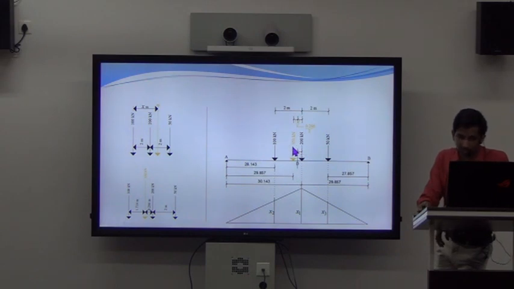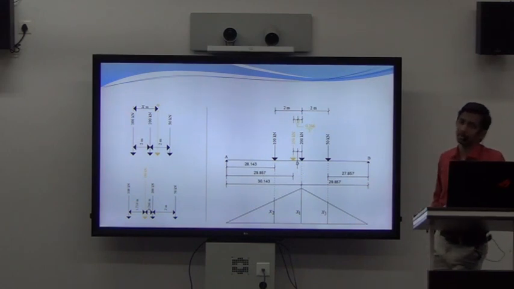So once we finalize the position of our resultant and 200, we already know the distance between 100 kilonewton and 200 as well as this 250. So based on that, you can keep the other loads. So this is the finalized location for our train of loads. Once you complete this, in the next step we have to draw the influence line diagram corresponding to the required function.